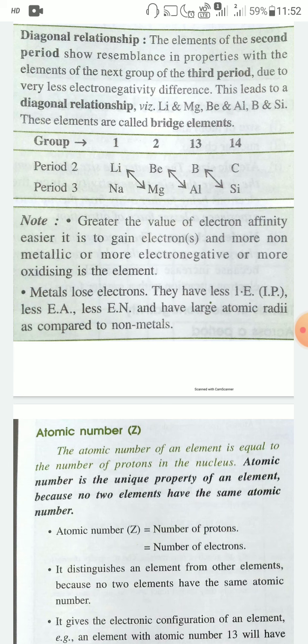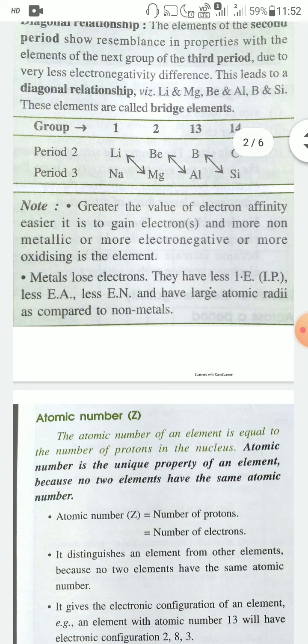So the greater the value of electron affinity, the easier it is to gain electrons, and the more non-metallic, more electronegative and more oxidizing is the element.